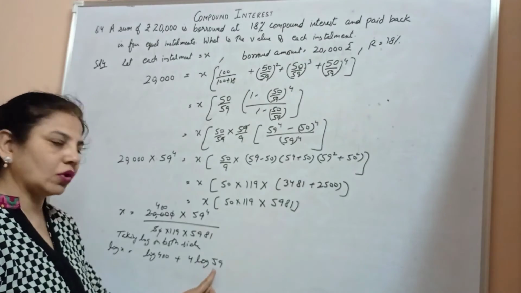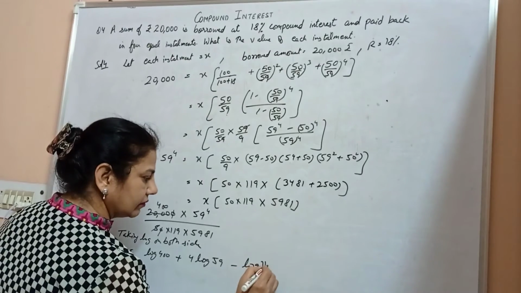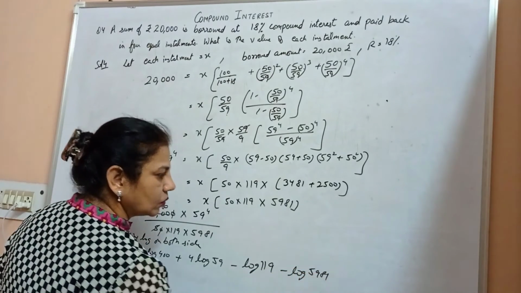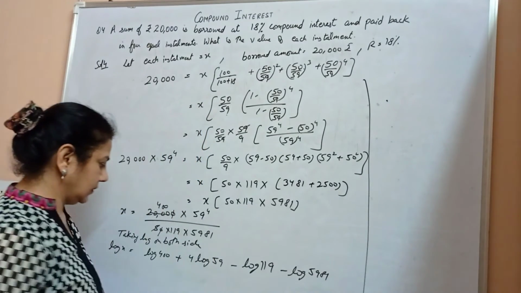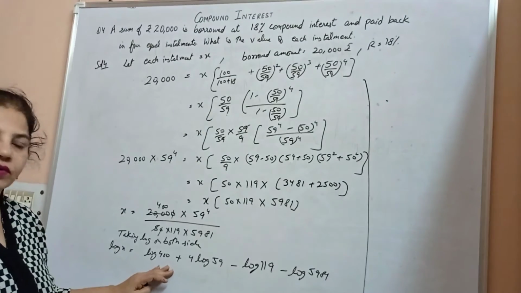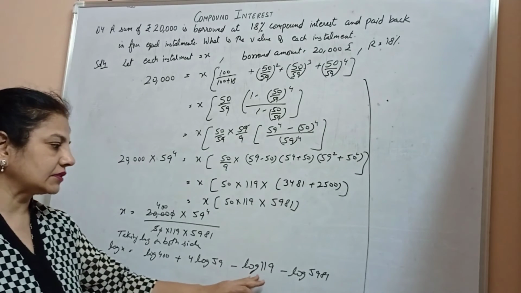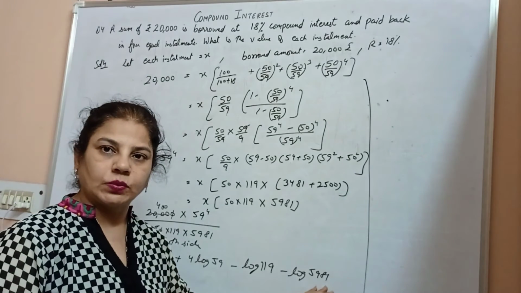So 4 times log 59, minus the denominator, minus log 119, minus log 5981. Log 400 plus 4 times log 59 minus log 119 minus log 5981.